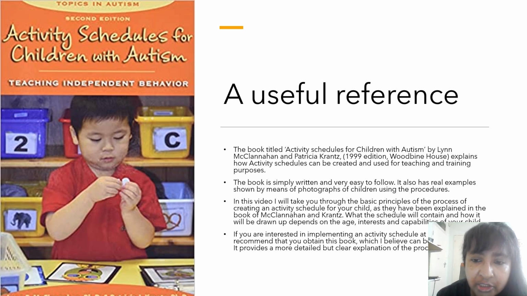But what the schedule will contain and how it will be drawn up depends on the age, the interests, and the capabilities of your child. If you are interested in implementing an activity schedule, I would recommend that you obtain this book, as I believe it is still currently available online. It provides detailed but clear explanations of the process of creating the schedule and using it in practice.